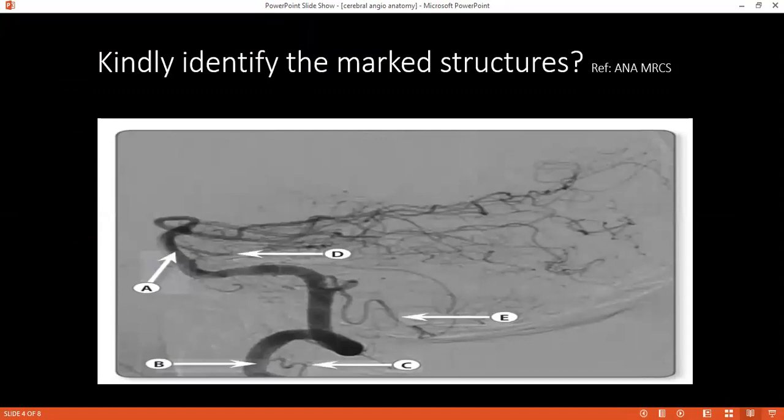B is the vertebral artery, and A is the basilar artery. C, I think, are the muscular branches of the vertebral artery, and E is the anterior inferior cerebellar artery, and D is the superior cerebellar artery. Basically, that's my contribution. Thank you, ma'am.